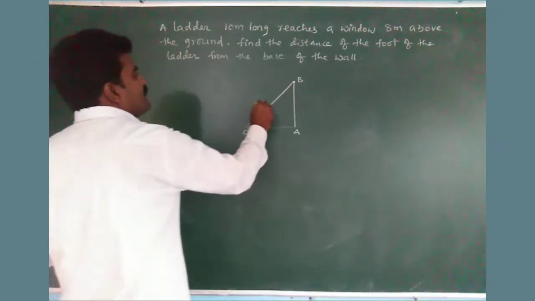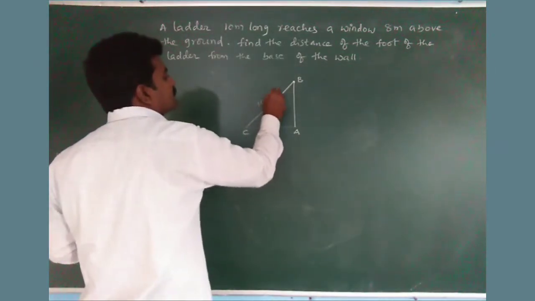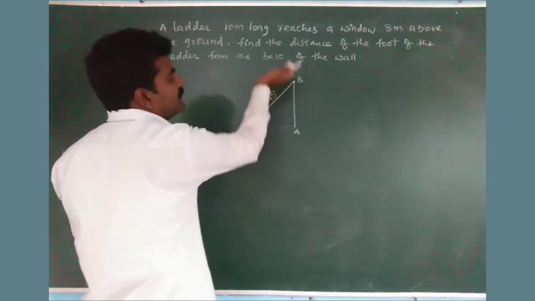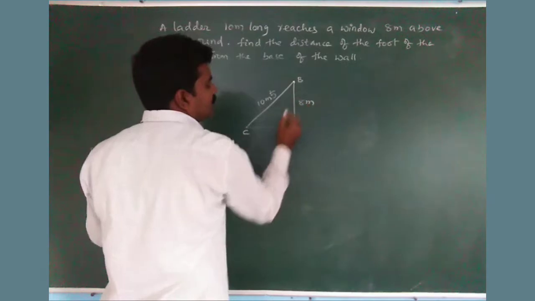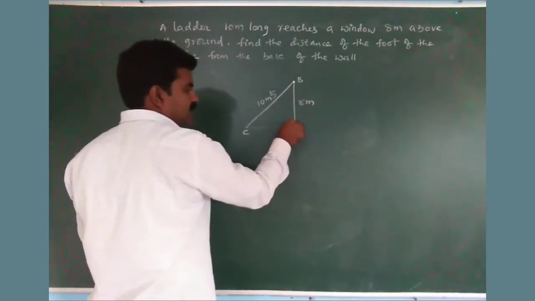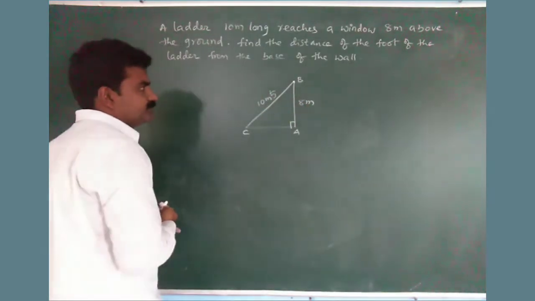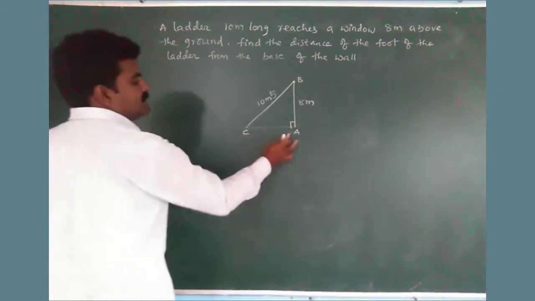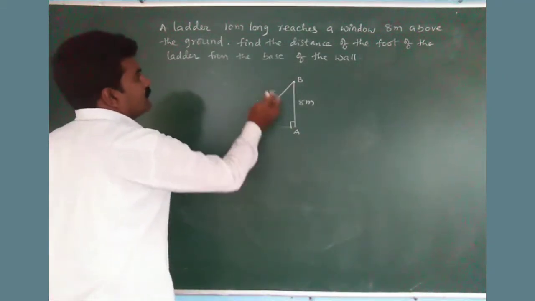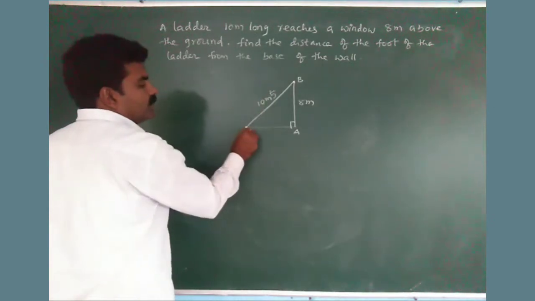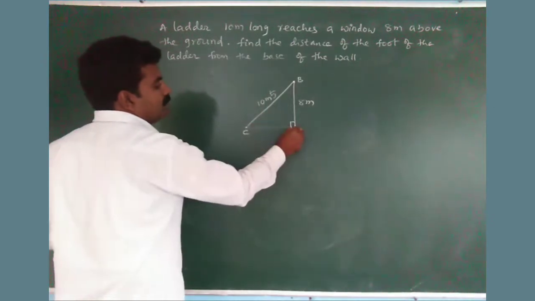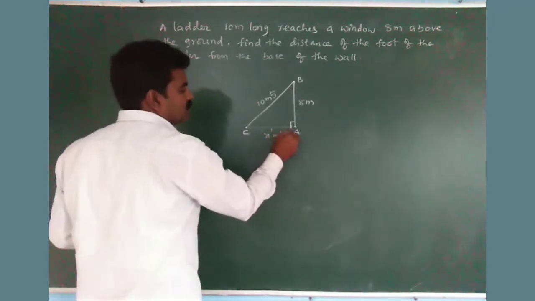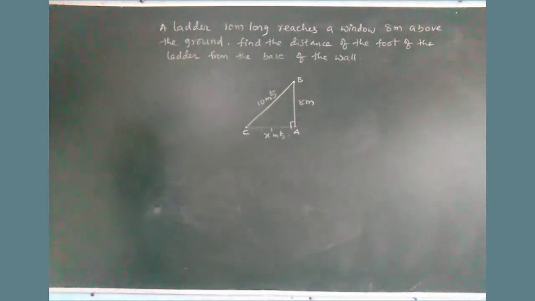So clearly the given ladder length is 10 meters, okay, and the window is at 8 meters above the ground. Since this is the ground, let it be the right angle. And AC is nothing but the distance between the foot of the ladder and the base of the wall. Say AC is equal to x meters.